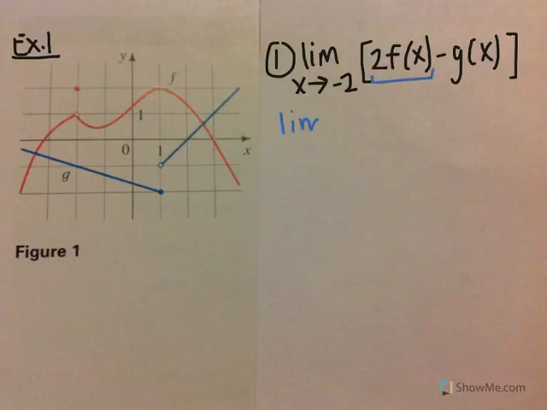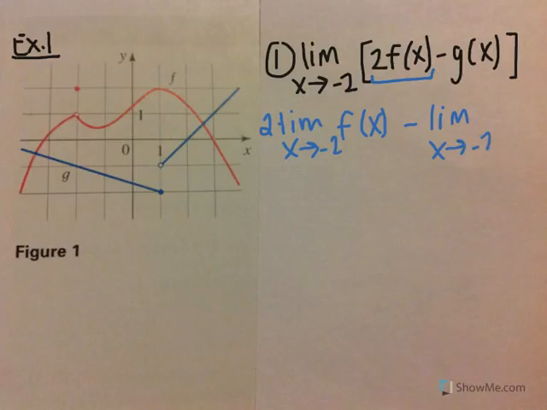This is the same thing as, I believe, limit law number 3: the limit of a constant times a function is the constant times the limit of the function. So this is the same thing as 2 times the limit as x approaches negative 2 of f of x. And then minus, and then we're going to use the second one, the difference, the limit as x approaches negative 2 of g of x.